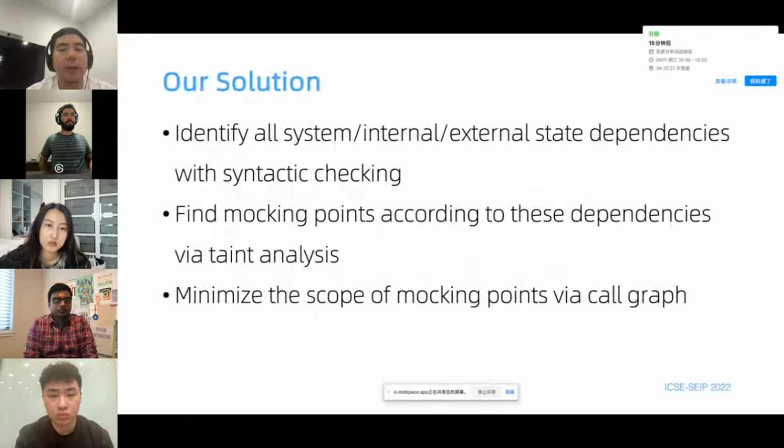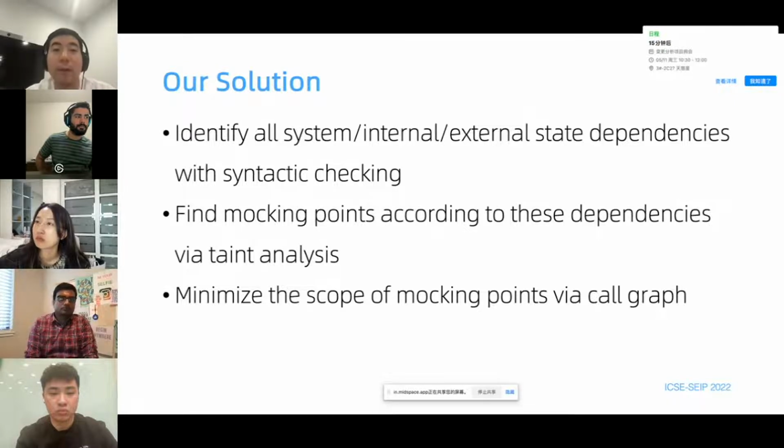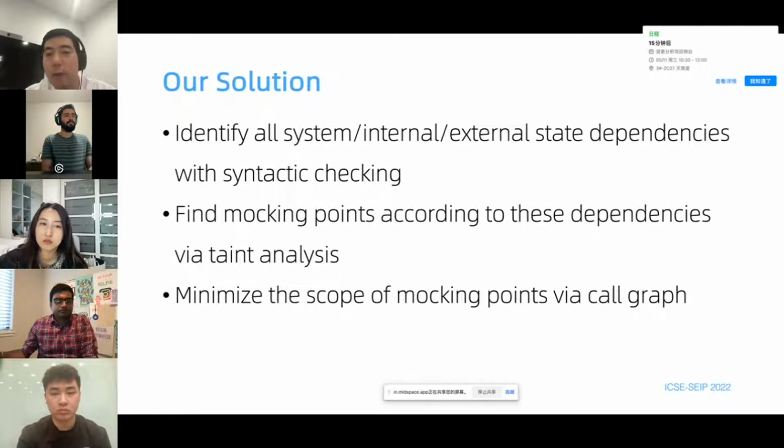So our solution is that we first identify all system internal and external state dependencies with syntactic checking. This step is easy, but we need to put all the developer's experience into this checking. Then we find the mocking points according to these dependencies via taint analysis, because some state dependencies like the system call cannot be mocked directly.